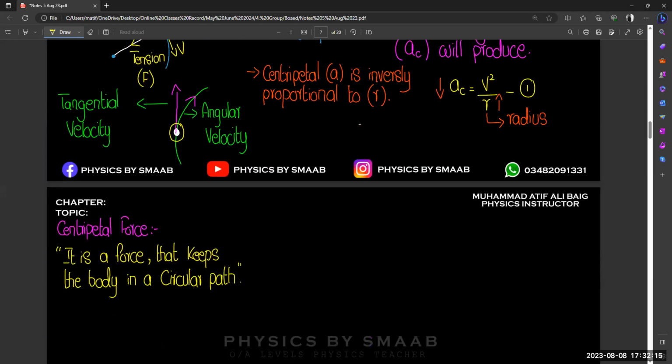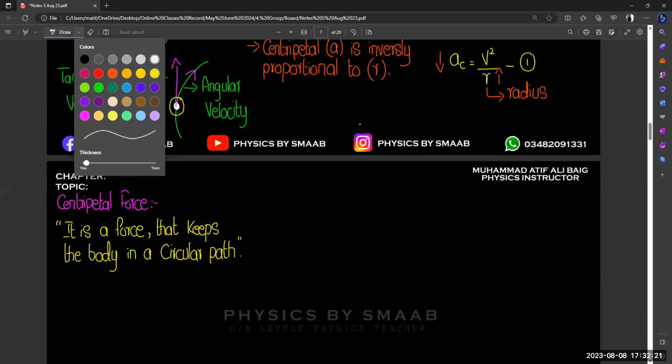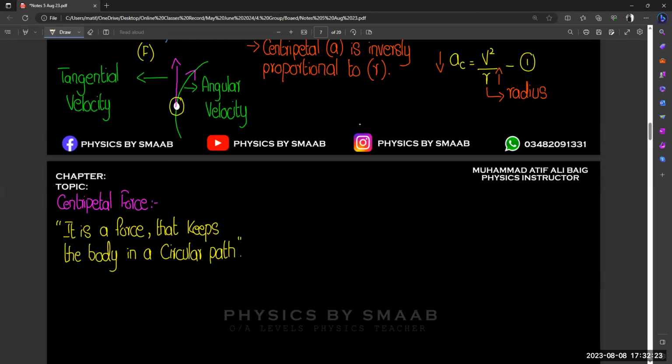And we know the formula for force that we derive from Newton's second law: F equals mass times acceleration, F = ma. But in this particular topic, we know there is a concept of centripetal acceleration, right?